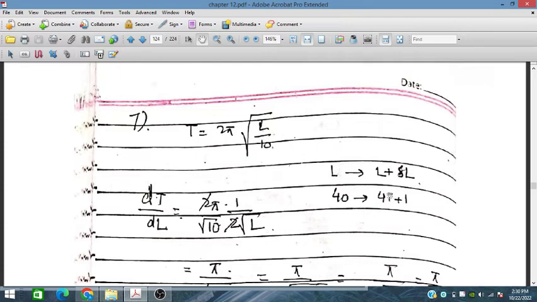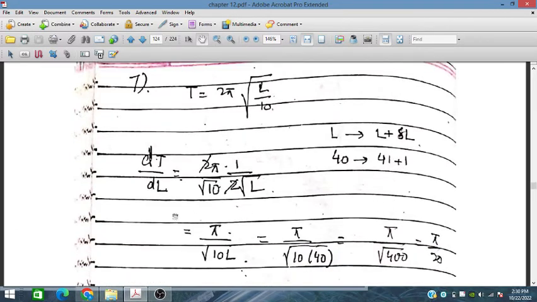The earlier one was a typing error; this is 40. So we have to find dT by dL is equal to 2 pi over under root g, and then L is in the root, so it comes in the denominator with the 2. So we take this derivative. We know how to differentiate it.